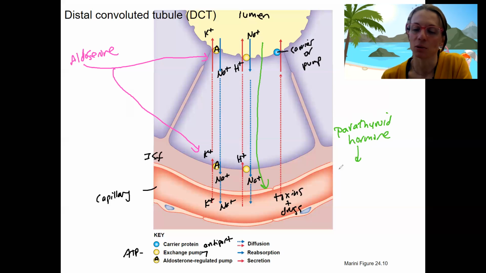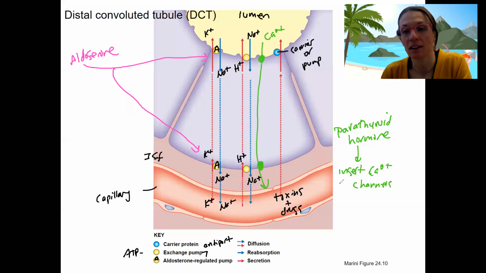So it's going to insert calcium channels. Calcium channel allows calcium to be reabsorbed. Pretty cool. That's going to allow us to maintain calcium when levels start to get low.